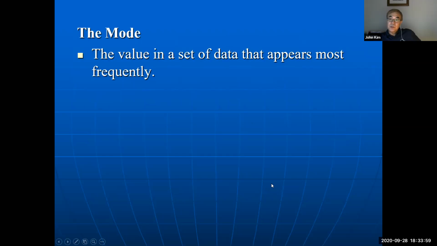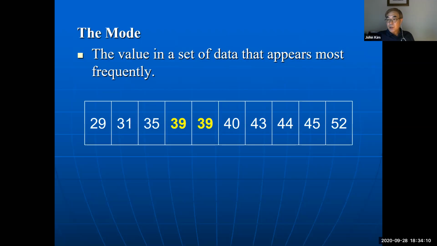And next one, the mode. Mode is the most frequent number, the frequently appearing number. So in this data set, 29 ounce, 31 ounce, 35 ounce, 39 twice, and others appear only once. So in this data set, 39 is the mode.